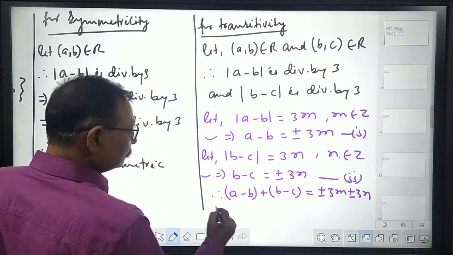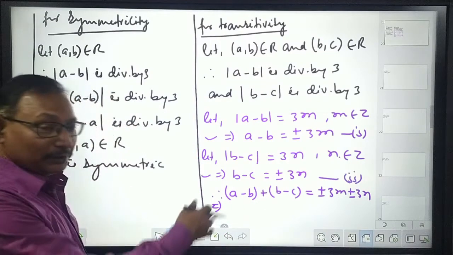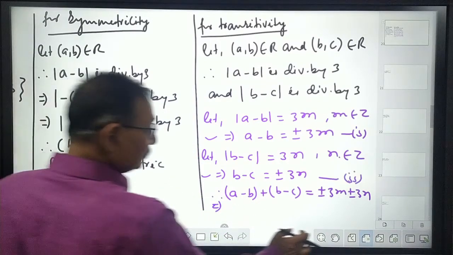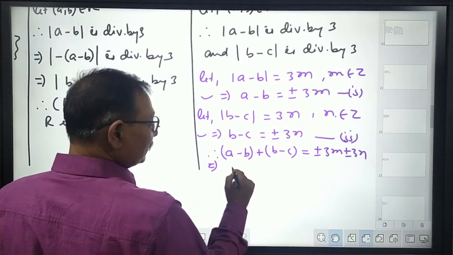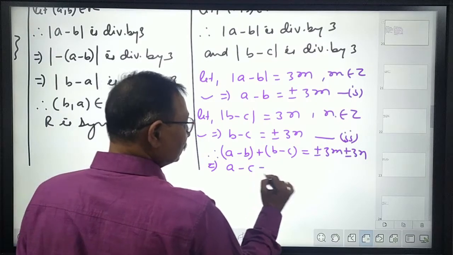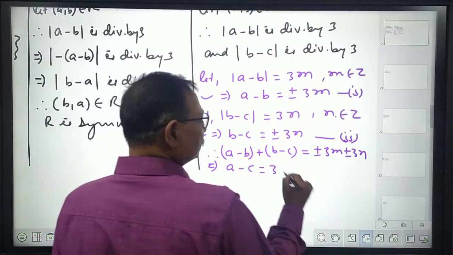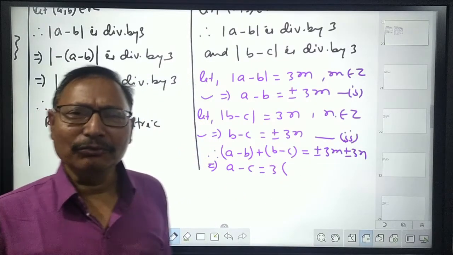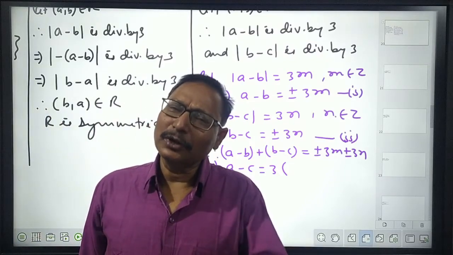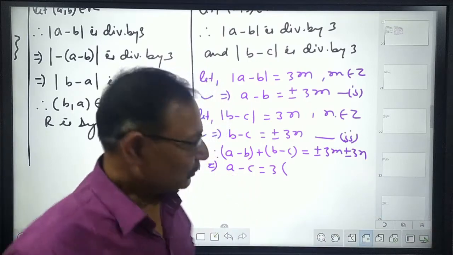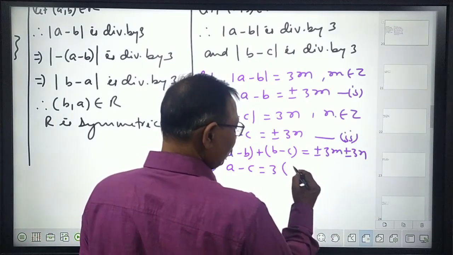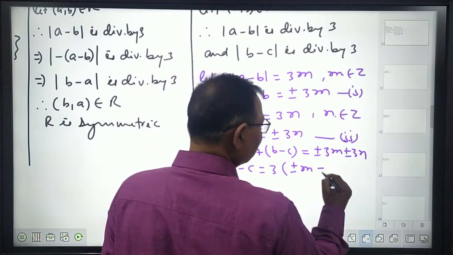And now after opening the bracket, these two b's can be cancelled out and we will have a minus c is equal to, take 3 as common because we only have to check whether the right hand side is a multiple of 3 or not. So take 3 as common, so plus minus m plus minus n.